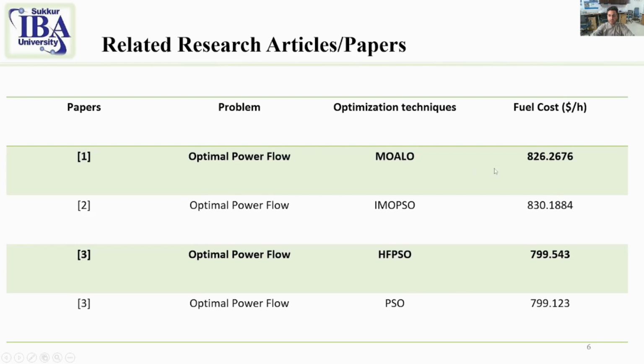It shows how the fuel cost is optimized, and you can see the values change for each technique. Everyone tries to optimize the voltage and reduce the generation cost. So these are the different techniques that have been used so far.